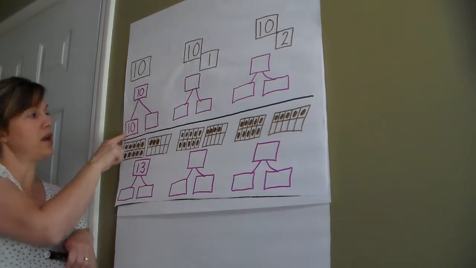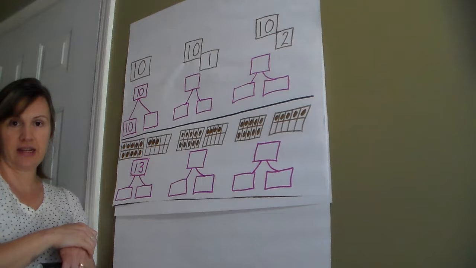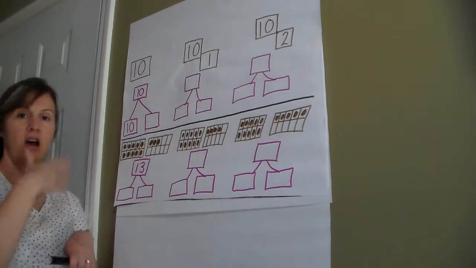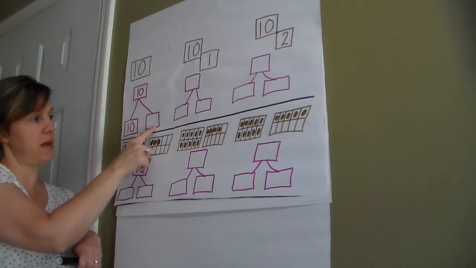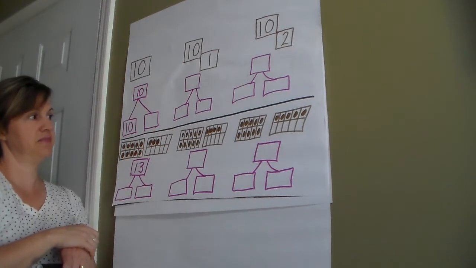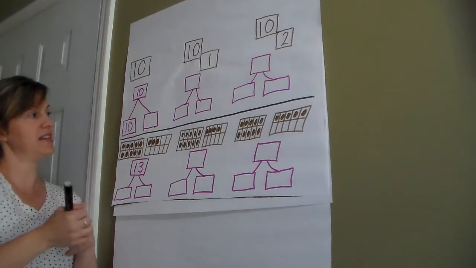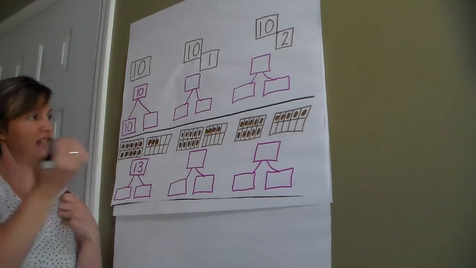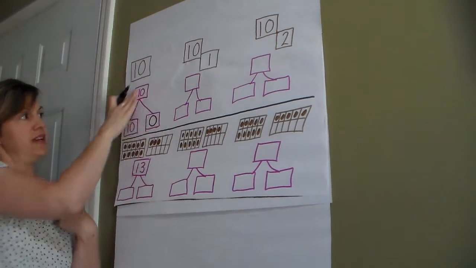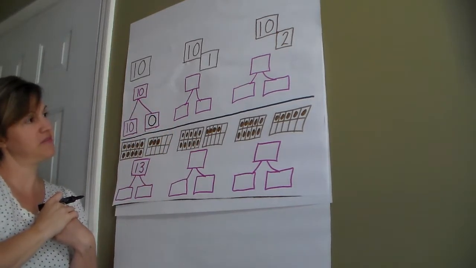They have one of the parts, 10. So we have to figure out, how do I make 10? What's that other part? 10 plus something equals 10. 0. 10 plus 0 equals 10. So I'm going to put the 0 inside there to finish the first number bond.